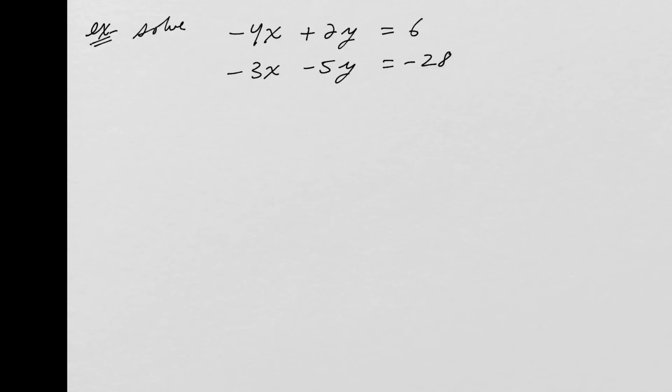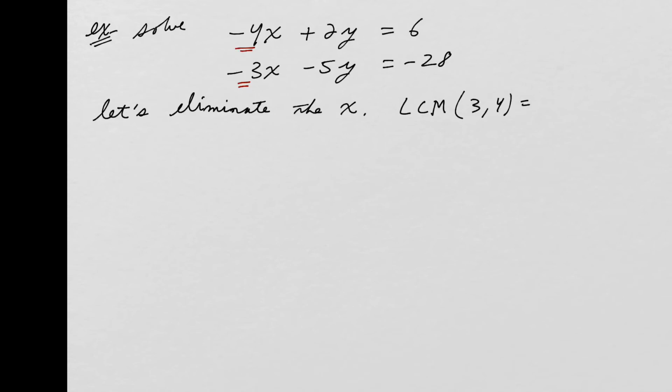Let's say we want to eliminate the x. So to do that, right now I have a negative 4 and a negative 3. Well, I know that the lowest common multiple of 3 and 4 is equal to 12, right?